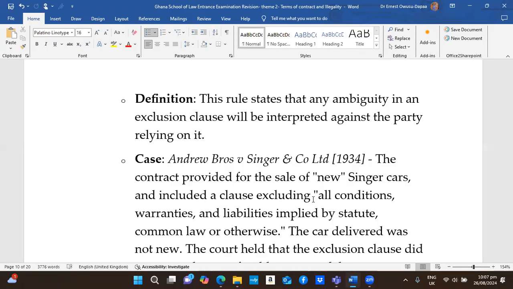And the contra proferentem rule says that the court should prefer the most narrow or restrictive interpretation, which will be to the detriment of the person at whose instance the exclusion or exemption clause was included in the contract, as it were.